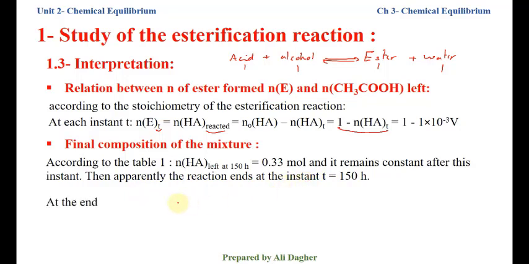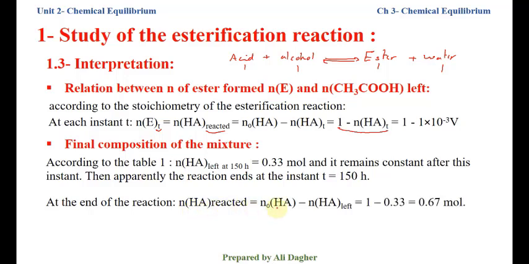We will see. At the end of the reaction, the number of moles of acid reacted equals the initial number of moles of acid minus the number of moles of acid left. Then the number of moles of acid reacted equals 0.67 mole.